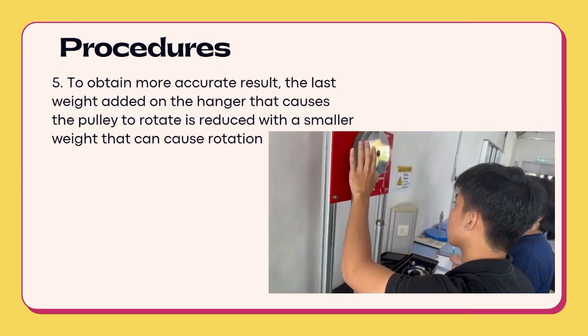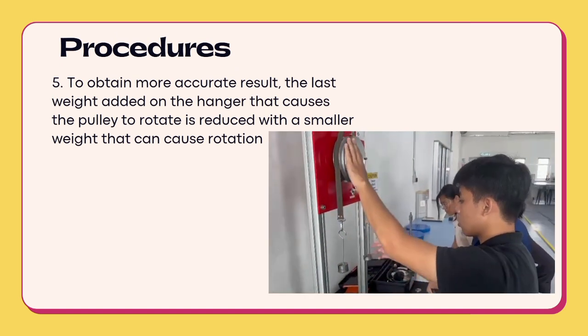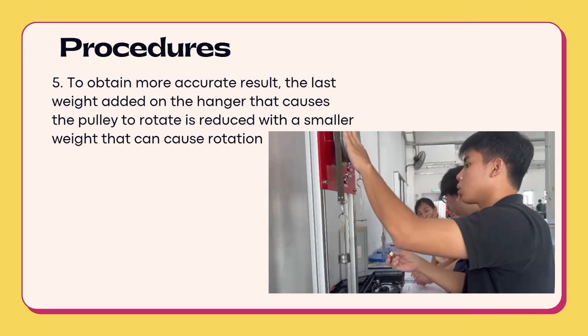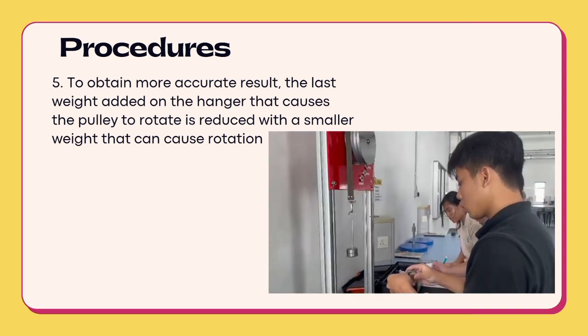Step number 5. In order to obtain a more accurate result, the last weight added on the hanger that causes the pulley to rotate is replaced with a smaller weight which can cause the rotation.